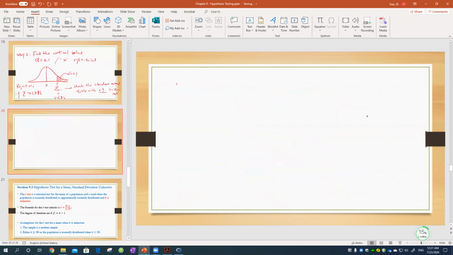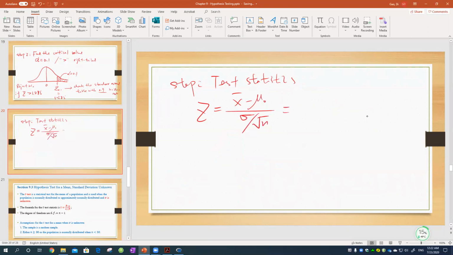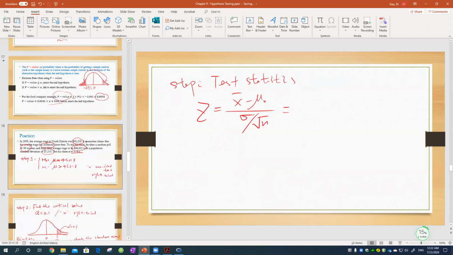Step 3, calculate the test statistic. So the z test statistic equals x bar minus mu naught over standard deviation over square root of n. So do we have x bar already from that? Yes, we have 46615.